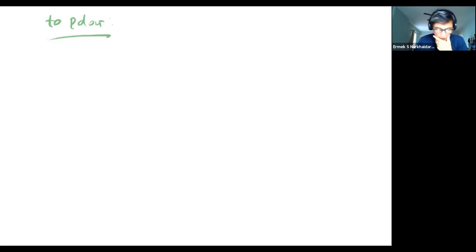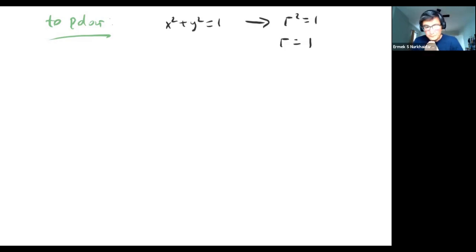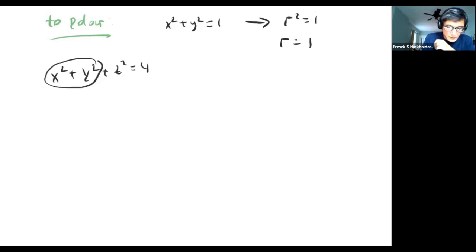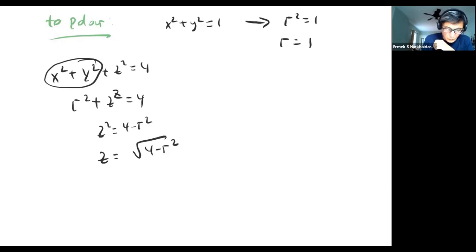So let's try. x squared plus y squared equals 1 is straightforward to write: that's r squared equals 1, so r equals 1. For the sphere, x squared plus y squared plus z squared equals 4: x squared plus y squared is r squared, plus z squared equals 4, so z squared equals 4 minus r squared. So z is equal to the square root of 4 minus r squared, and we're going to take the plus because we are told that z is greater than or equal to 0.